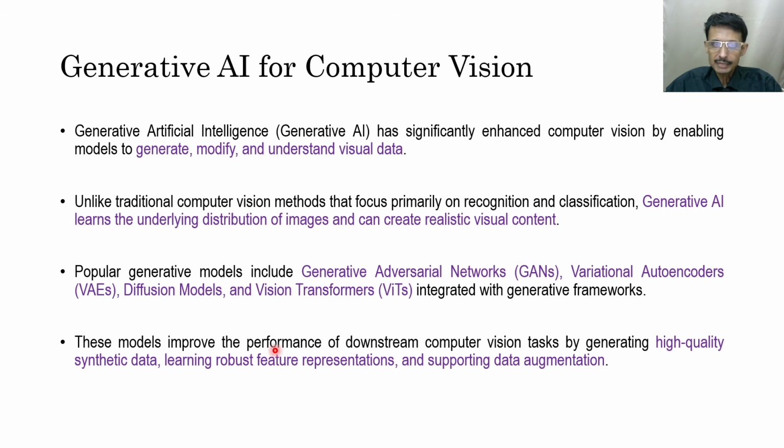These models improve the performance of downstream vision tasks by generating high quality synthetic data, learning robust feature representations, and supporting data augmentation. We will understand these things in depth in this course.